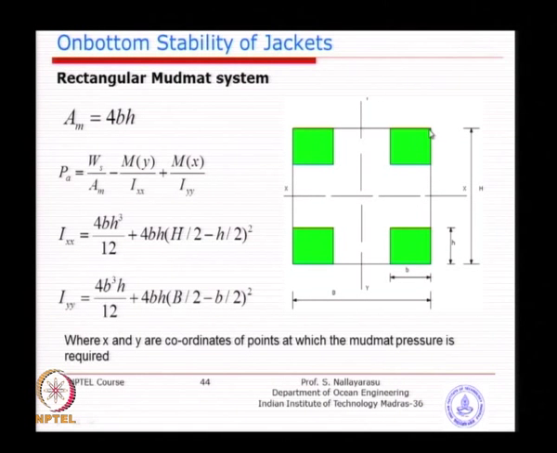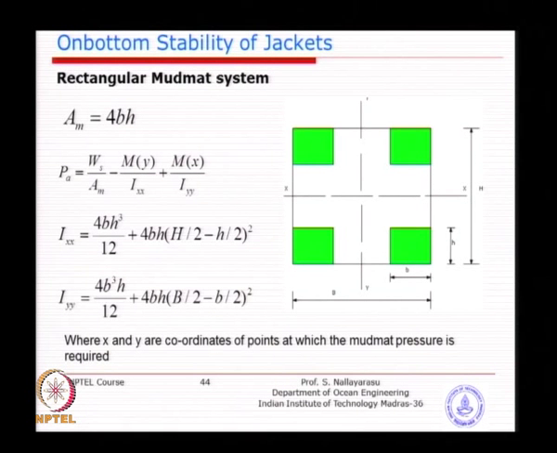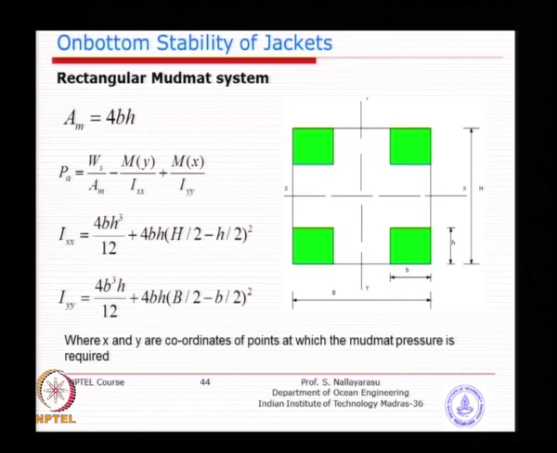It is not always h by 2. If you are looking at the pressure at this point, you have to multiply by the distance from here to whichever point. So, you will just put notations accordingly, which I think will be easier.